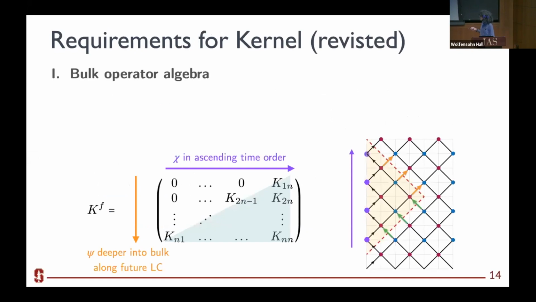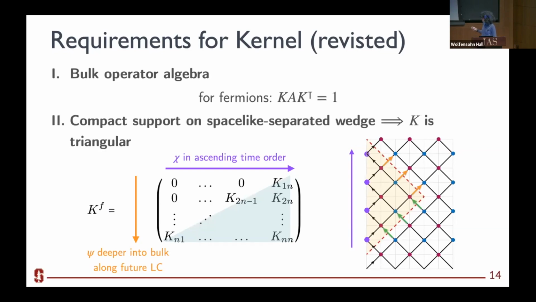So now that we have a circuit description, we can more precisely denote the two constraints in the language of matrices. So imposing the bulk operator algebra simply amounts to satisfying this matrix equation, which is that K A transpose is going to be the identity on the Cauchy slice. And the requirement for support only on the space-like separated wedge, if you cleverly choose the cut in your circuit like shown, amounts to imposing a structure on the shape of the kernel of the non-zero entries.